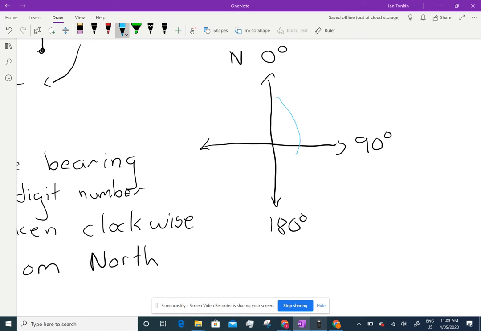Remember, there's 90, there's 180. There, what will that be? Well, that'll be another 90 degrees. And you need to know that that's 270 degrees until you get all the way back up to where you started, and will be 360 degrees. So you need to know 90, 180, 270.